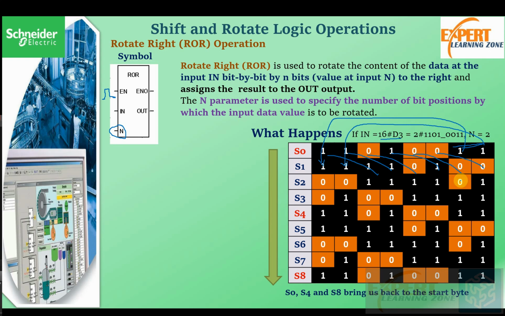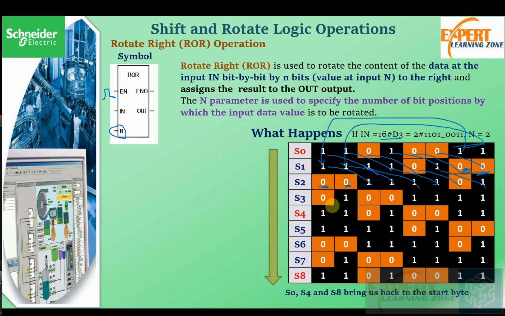Similarly, after the second rotation, this data will move here, this data will move here, and the data which was plowed back now moves here, and these 2 zeros are being fed back. This one moves to this position, and this 0 moves to this position.